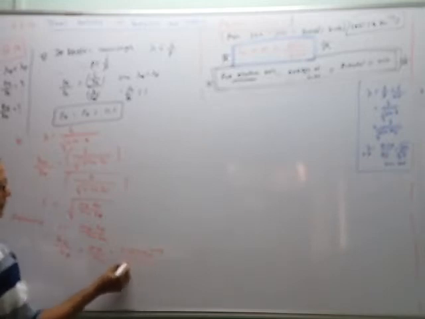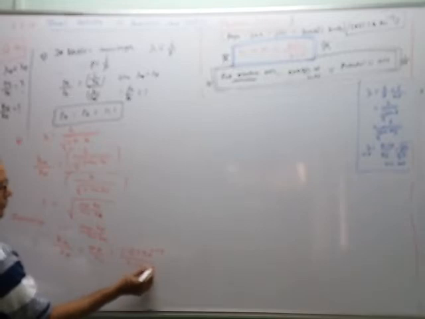Mass of the electron is equal to 9.1 into 10 raised to minus 31, and this ratio comes to be 1836. It is constant. So kinetic energy of the electron to kinetic energy of the proton is equal to 1836 is to 1. This is the ratio.